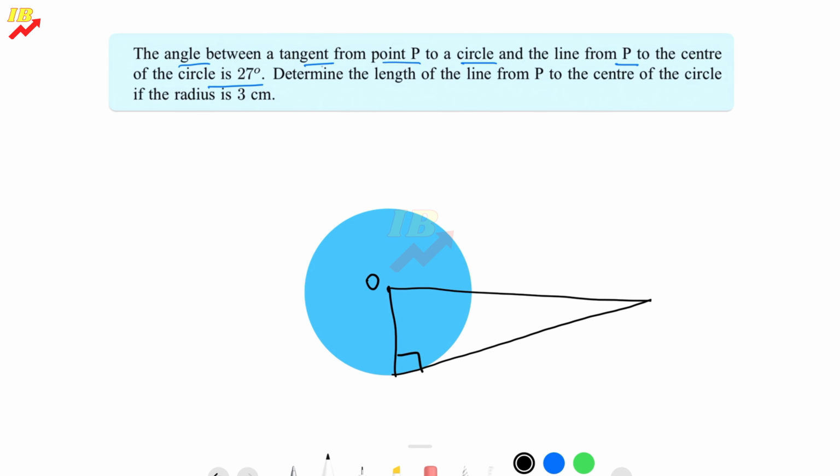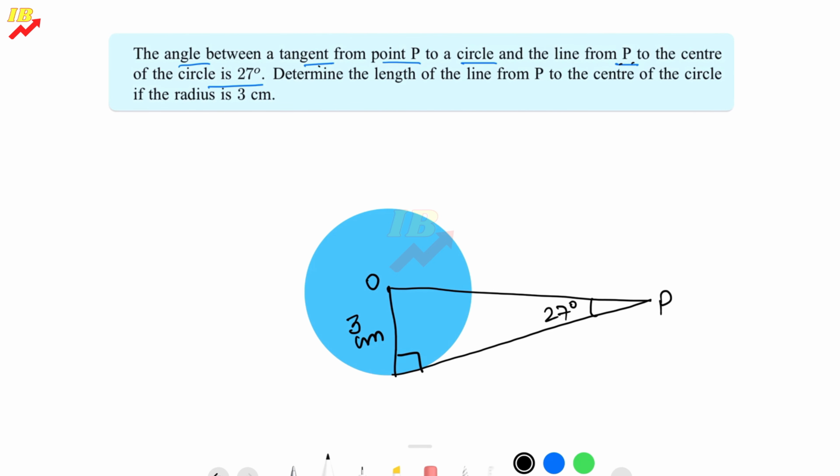The angle between the tangent from the point P to a circle, so this is the tangent, and the line from P to the center of the circle, is 27 degrees. That means they're talking about this angle being 27 degrees. Determine the length of the line from P to the center of the circle of radius 3 centimeters. So this part is 3 centimeters.